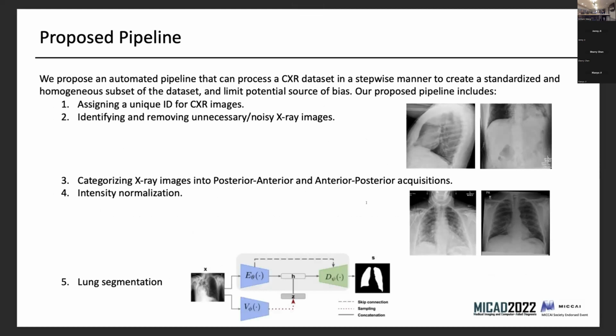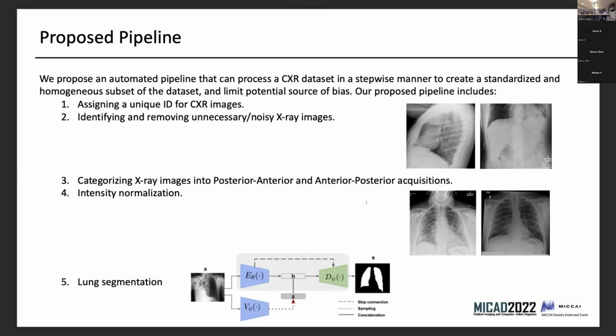So here's the pipeline we came up with. It has 5 steps in general. It's automatic, and given a data set of COVID chest X-rays, the first step is to relabel all the data with meaningful names.